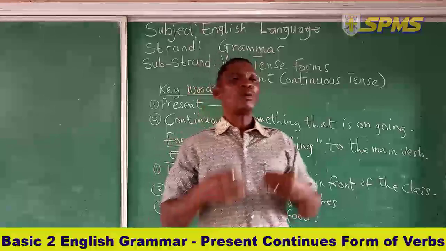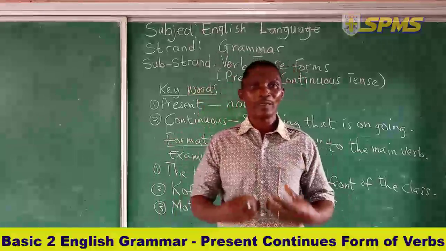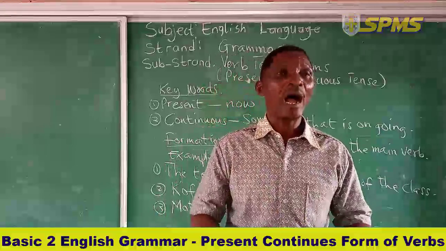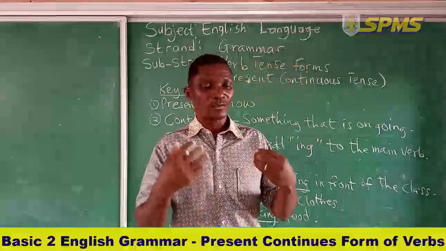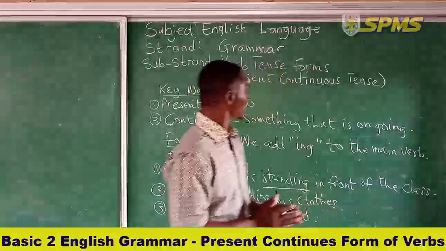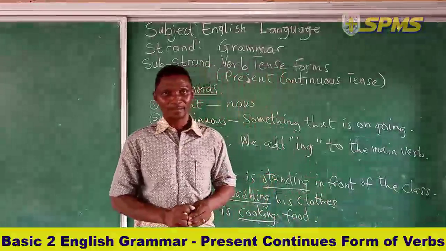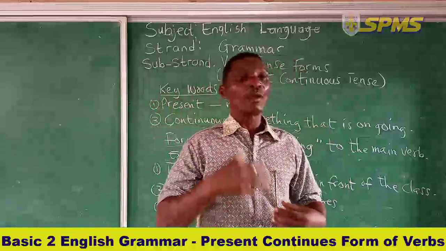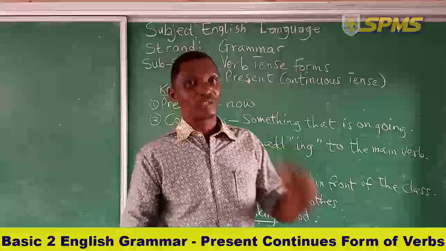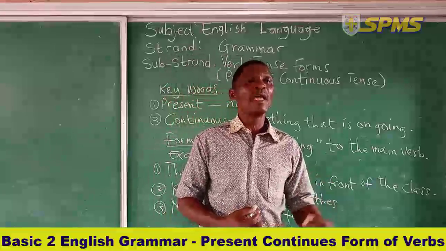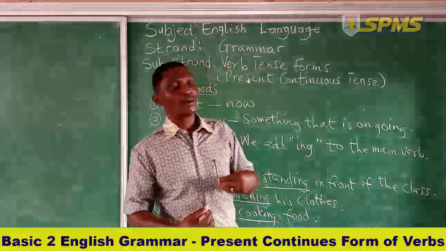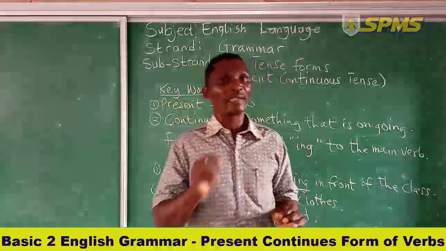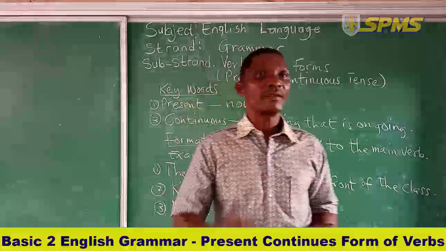Now, how do we then form the continuous form of verbs? This is how we go about it. With our subjects of the sentence, we add ing to the main verbs.